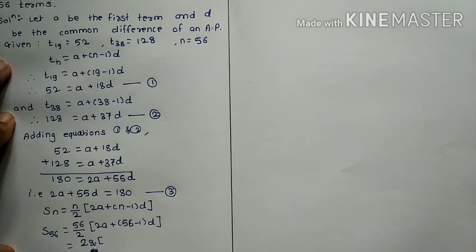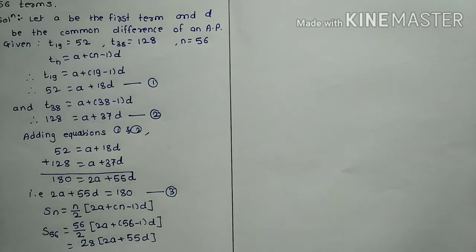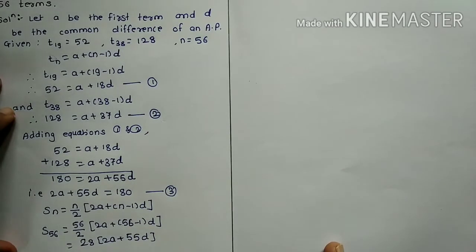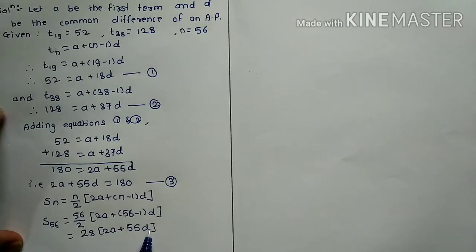Now substitute here 2A plus 56 minus 1 is 55 into D. Here 2A plus 55D is equation number 3, and the value of 2A plus 55D is what? 180.